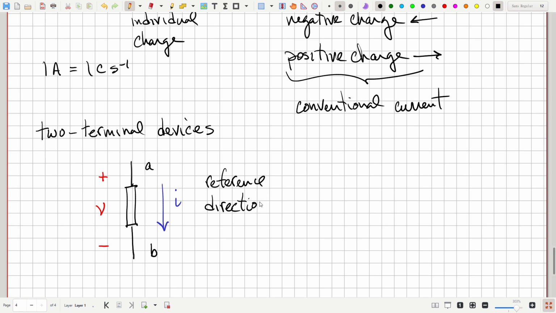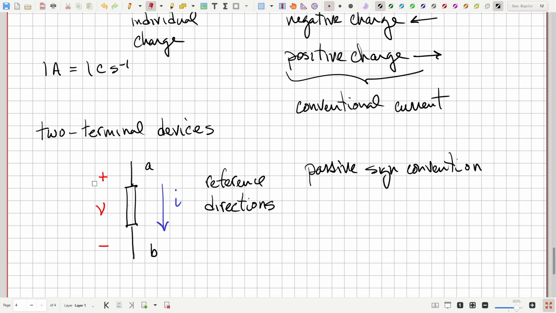So if we have a positive voltage, it means that the voltage is higher at the plus than at the minus. And if we have a positive current, it means it's going in the direction of the arrow. A negative current would be going the opposite direction. A negative voltage would tell you that the potential was higher at the bottom than at the top. These are just reference directions. And the way we've drawn these, this is the so-called passive sign convention.